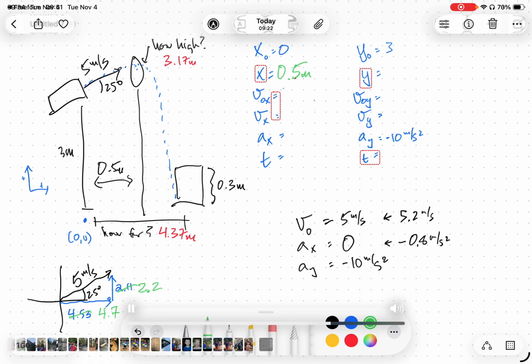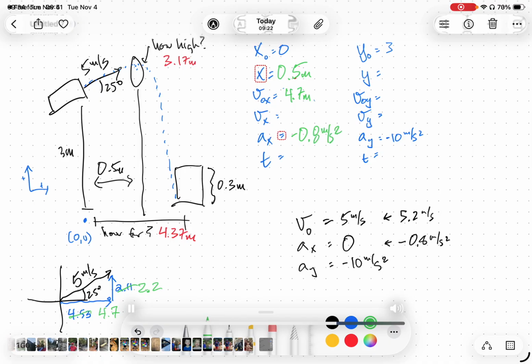It still goes the same distance horizontally. I now have an initial speed of 4.7. My final speed's not 4.7. I don't actually know that because it's slowing down. It is slowing down at about 0.8 meters per second squared.